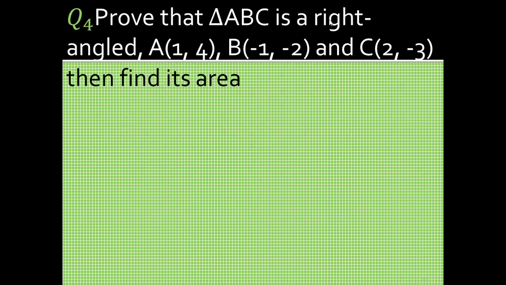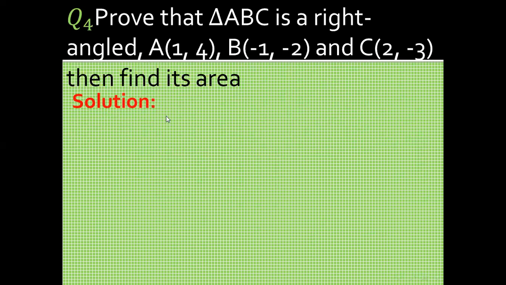Prove that a triangle is a right angle triangle. We have A, B, and C. And then find its area. We said the first step, find the length of AB, BC, and AC by using the rule of distance between 2 points.